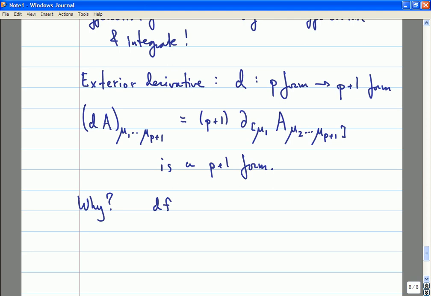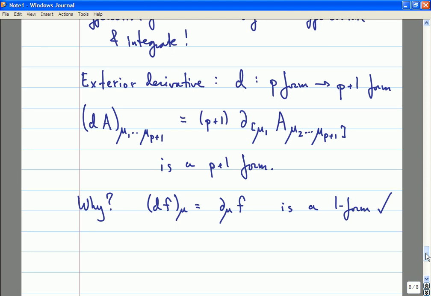That's the guy whose components are d mu F. And that, as we have already seen, is a one form. So that's okay. There was nothing really to check there. That's the check that we did last time when we checked that the derivative of a scalar transforms as a one form. So let's try the next case.